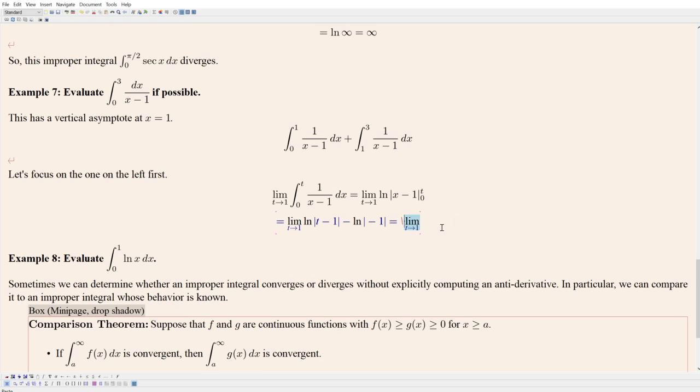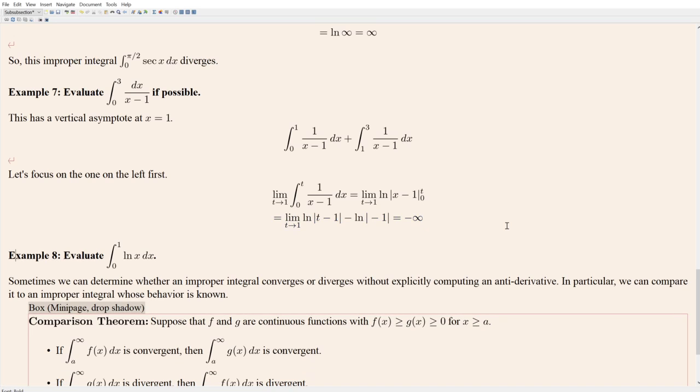However, that's still not great, because here, plugging in t equals 1, we get natural log of 0, but natural log of 0 is -infinity. So, yeah, so much for that. So, it doesn't exist. It diverges. So the guy on the left diverges. And if the guy on the left diverges, then who cares what the guy on the right is doing?